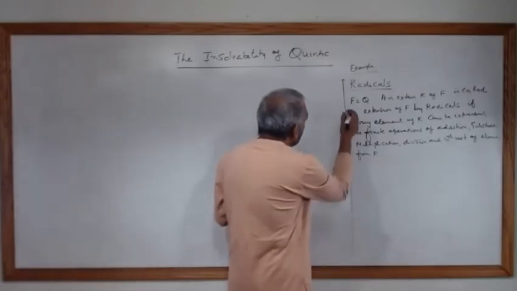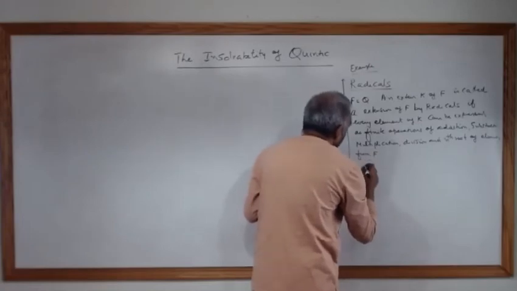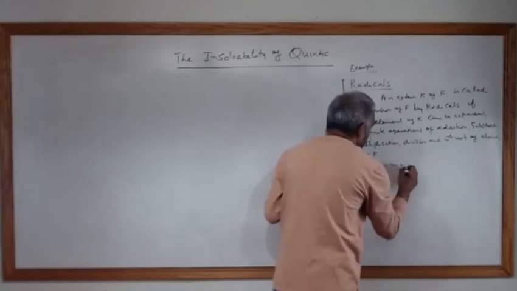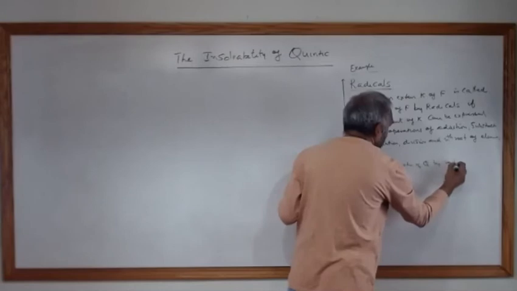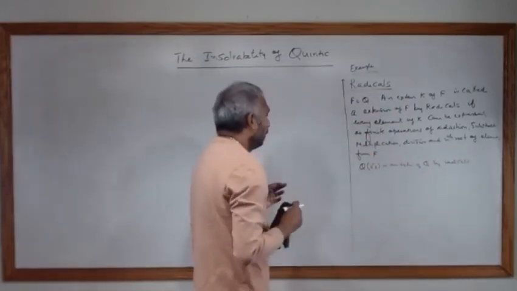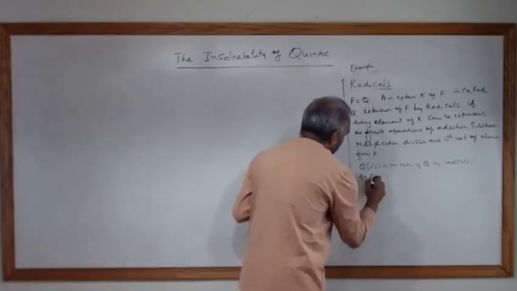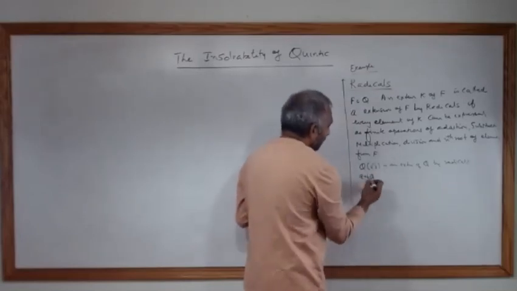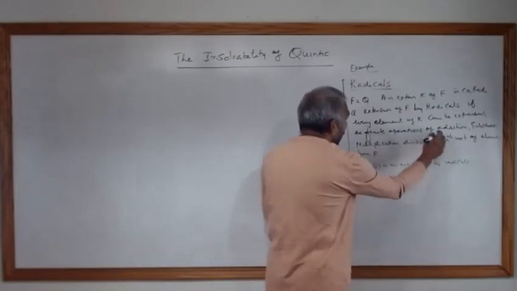If you take Q, Q(root 2) is an extension of Q by radicals, because any element of this will be a plus b root 2. That is actually finite operations of addition.